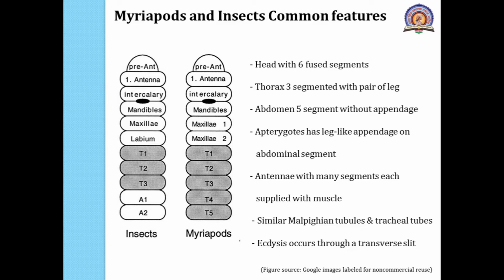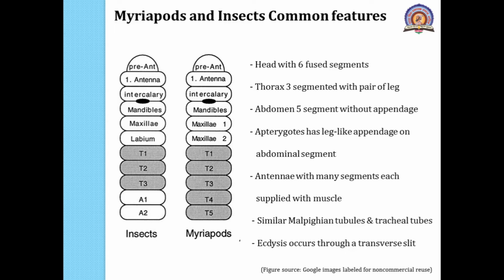Now further, the fact that among the apterygota, leg-like appendages are present on the abdominal segments, and that the Collembola have a shorter abdomen of 6 segments, is also significant. So these are characteristics common among the myriapods and the insects.